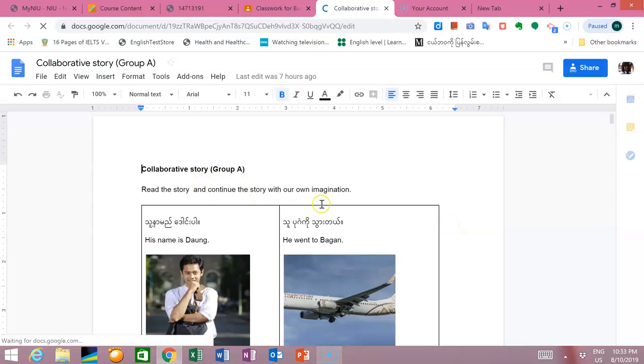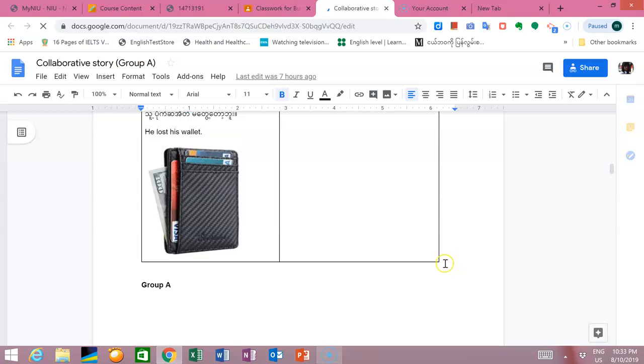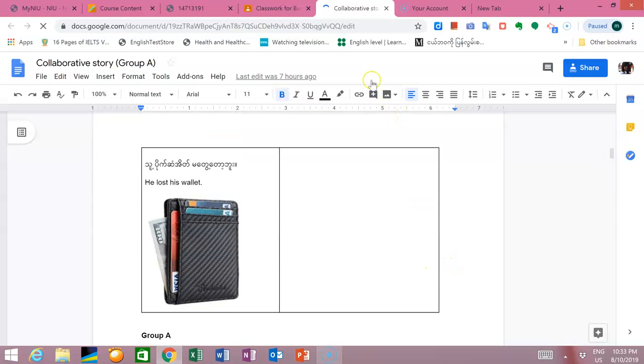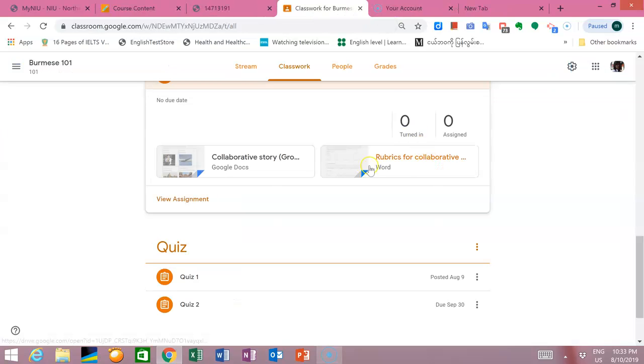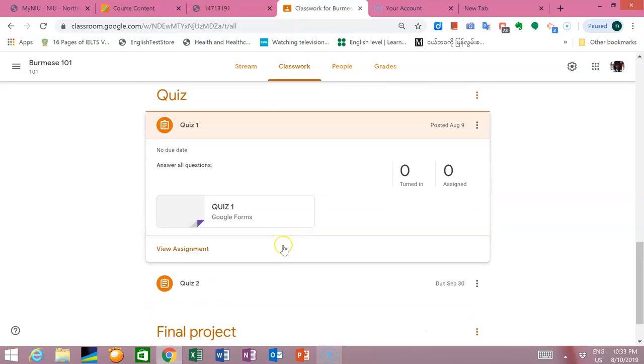I have all the stories provided here, and they have to continue the other half of the story. As usual, the rubrics are given here. Then we have 2 quizzes.